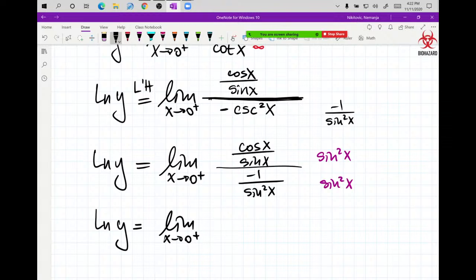The top becomes sine x cosine x, and the bottom becomes -1. So, boom, 0. Because sine of 0 is 0 and cosine of 0 is 1, so 0 times 1 divided by -1. So the whole thing is 0.